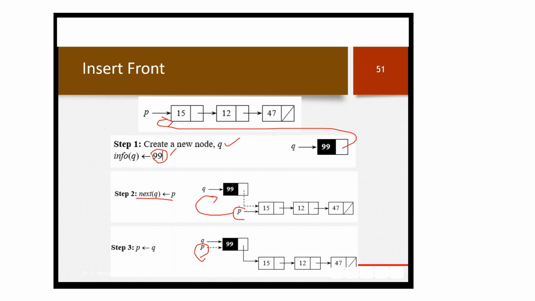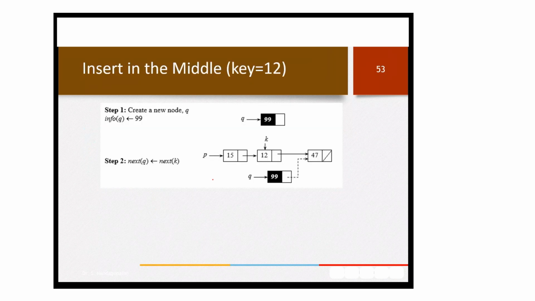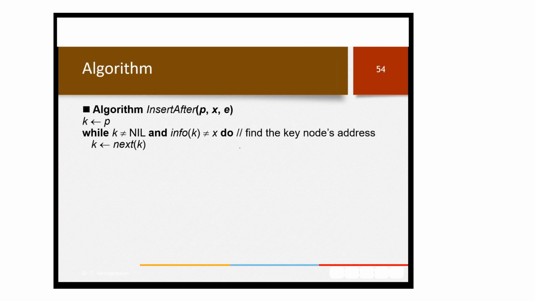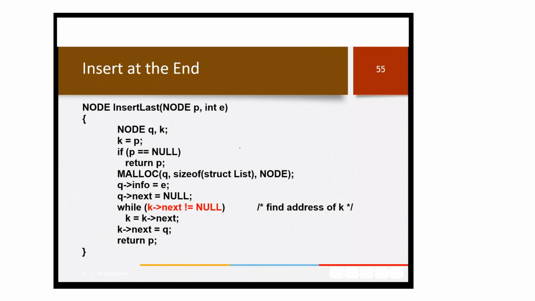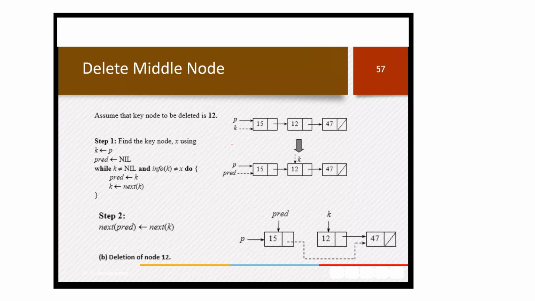So draw the figure and then write this code. It's very easy, our algorithm. In the same way you can insert in the middle, you can insert at the end, and you can delete, etc. I'll leave it to you to go through this, because you would have already written programs in Java, C, whatever it is, and should be able to.